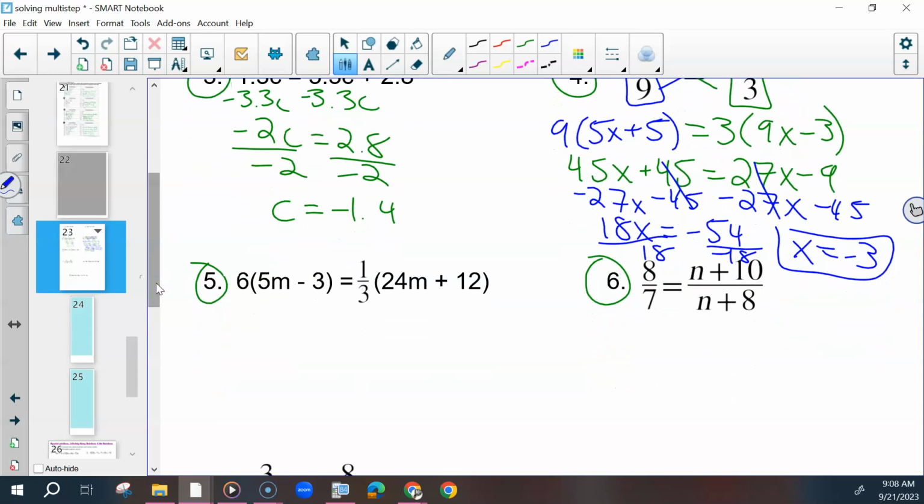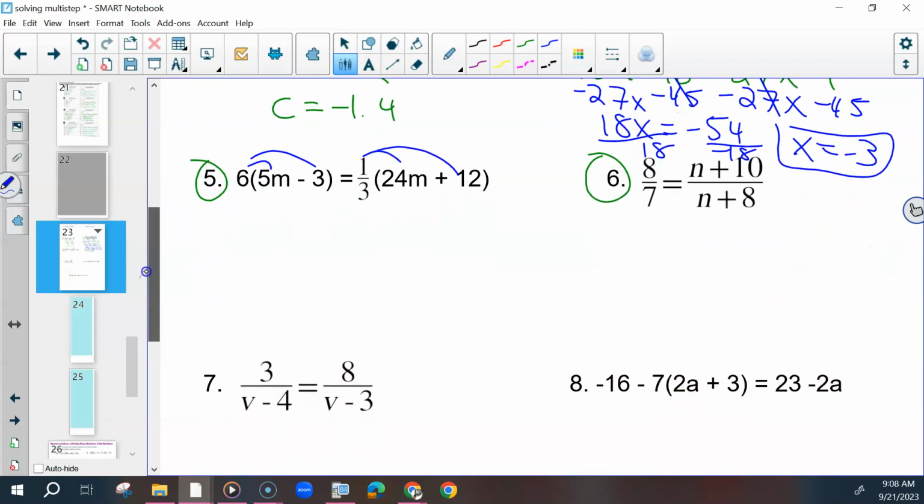Okay. Number 5 is similar to how we started this, but the next step. Don't let the 1/3 confuse you. Just like when we were simplifying, you can just distribute. So here, this would just be 30m minus 18. What would this side be? 8m plus 1. And again, you have choices.